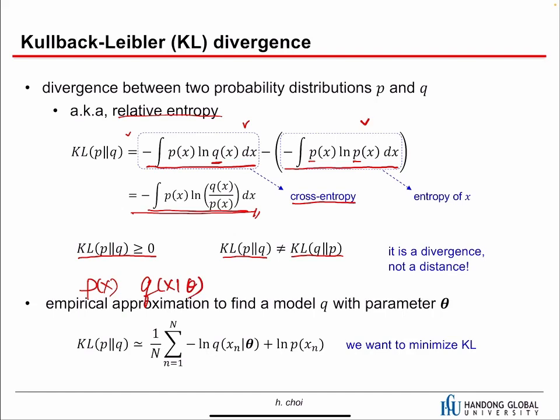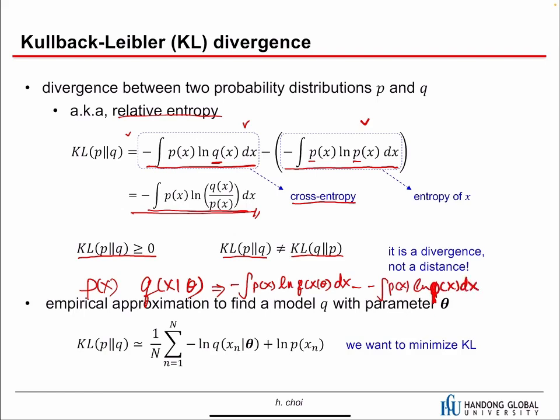Okay, then if we write down this KL divergence one more time, then the KL divergence will be minus the integral of P of X times log Q of X given theta dx, minus the integral of P of X log P of X dx.